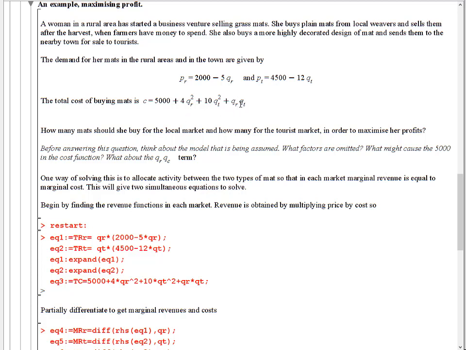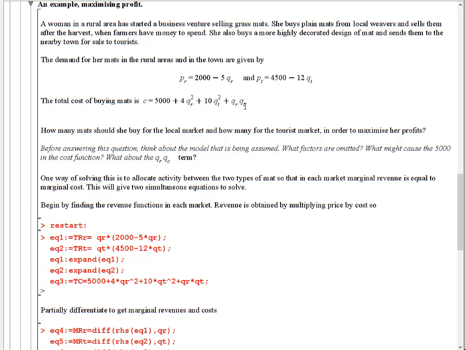And the reason why these are here is slightly more subtle. If she increases the number that she's buying, say for the tourist market, that doesn't really have any effect on the cost impact if she decides to increase as well in the rural market. They're completely independent. So the impact on her costs from increasing the rural sales is independent of how many she's selling in the tourist sales and vice versa.